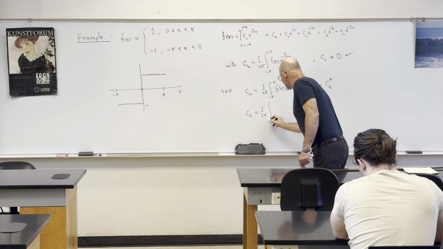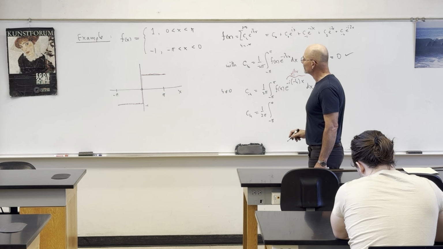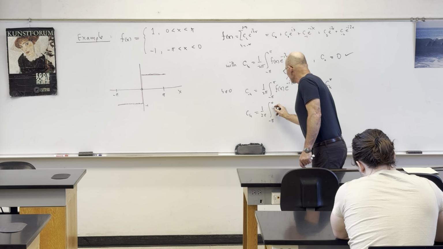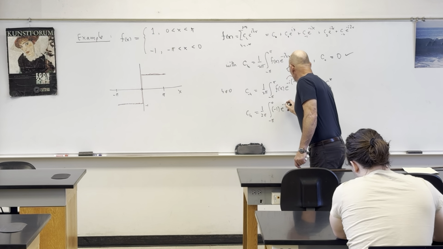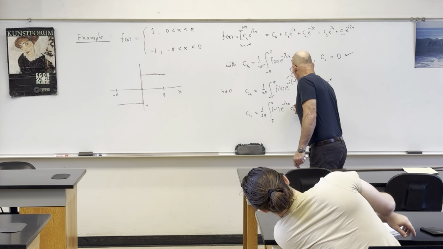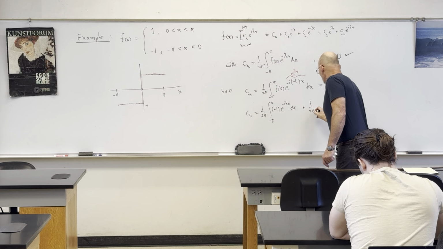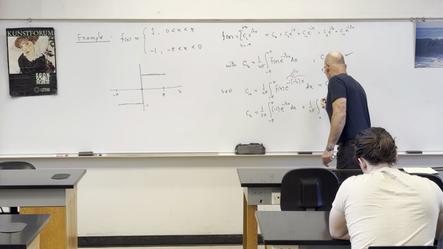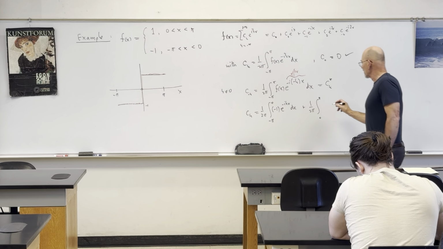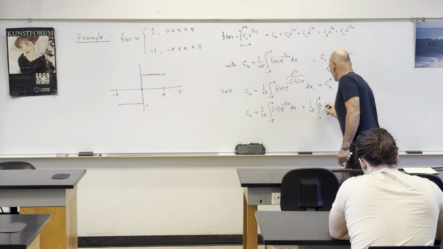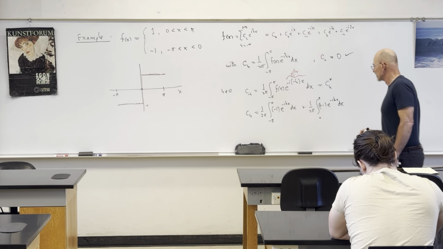So we're going to break this function up into minus pi to 0, and then we have negative 1 e to the minus i kx dx, and then we have 1 over 2 pi, 0 to pi. So I just use the additive property of the integrals. And here I have positive 1 e to the minus i kx dx.